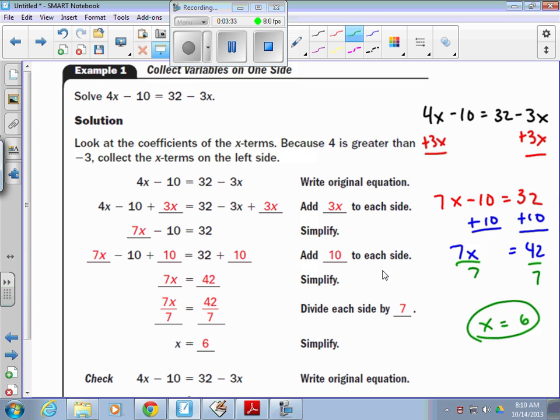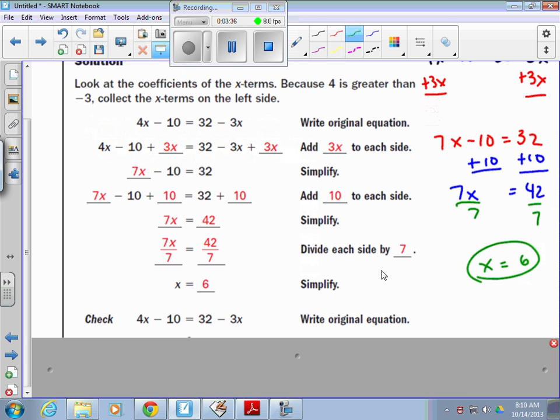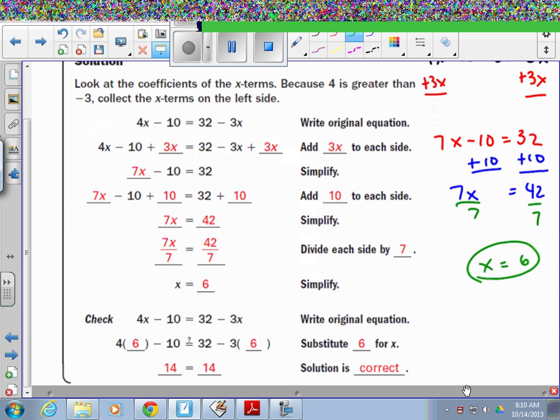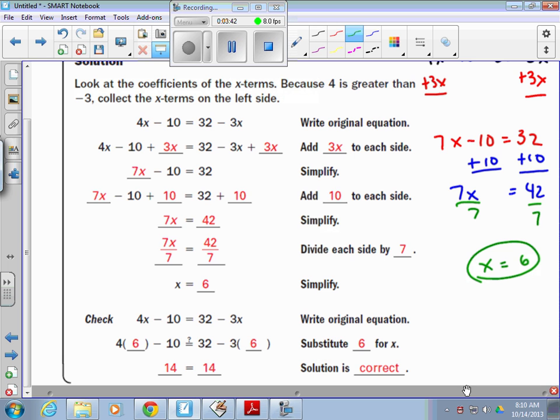4 times x minus 10 equals 32 minus 3x. Plug in 6 in all of those spots. 4 times 6 minus 10. Is it equal or not? That's what that's asking. 32 minus 3 times 6. When you simplify it, you get 24 minus 10 equals 32 minus 18. 24 minus 10 is 14, and 32 minus 18 is 14.